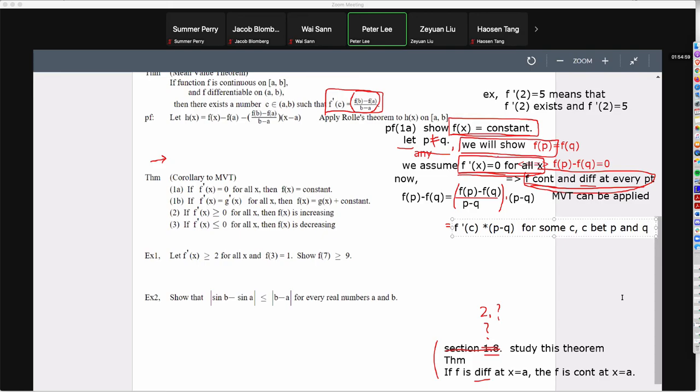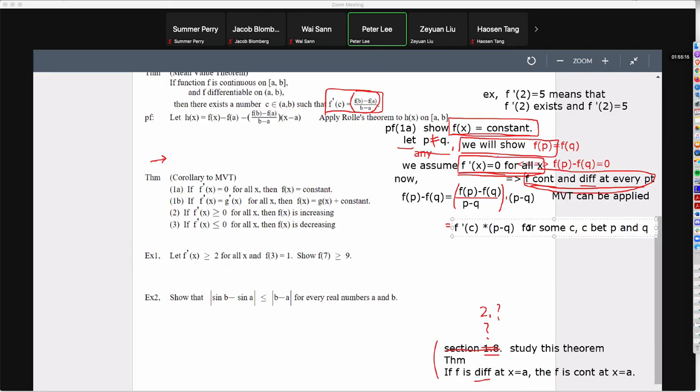So this equation is true. So f of p minus f of q is equal to f prime of c times p minus q. And that's the first fact right there. According to our mean value theorem, that is equal to f prime of c, not for any c, but for some c. Well, we don't know where that is.